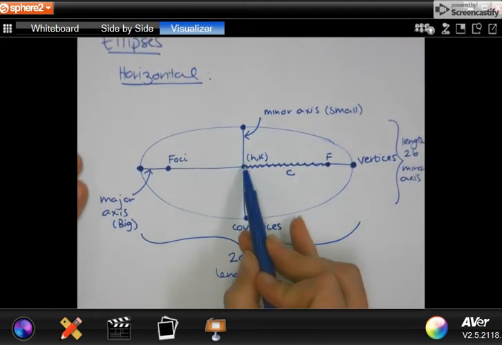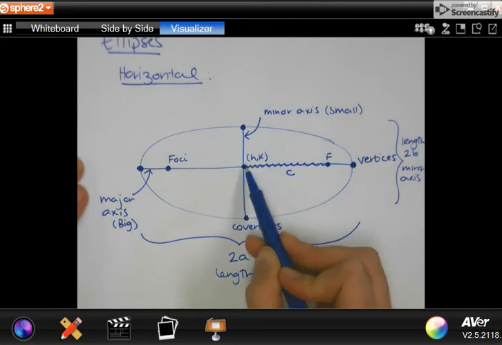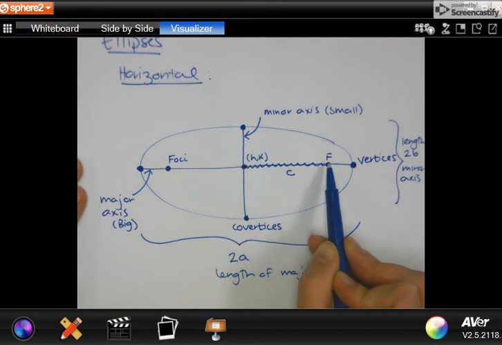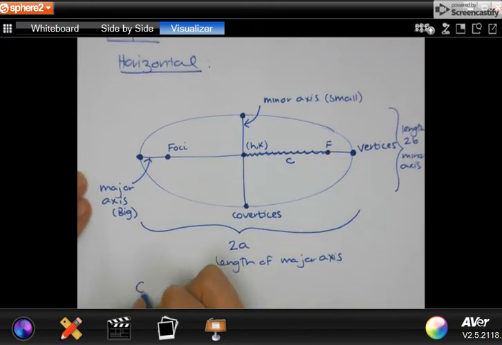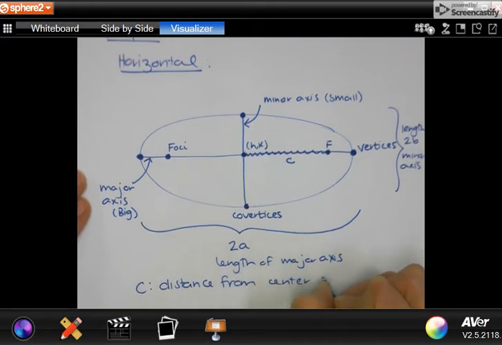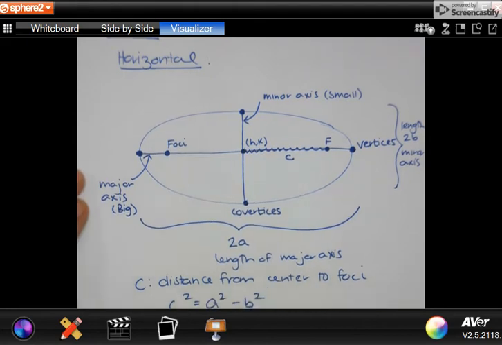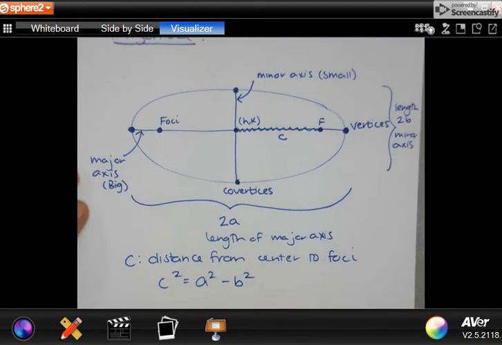So a is the distance from the center to the vertices, b is the distance from the center to the co-vertices, and c is the distance from the center to the foci. You can find c with this calculation that's very similar looking to the Pythagorean theorem, but different in that this one has a subtraction where the Pythagorean theorem has an addition. So just make note of that.